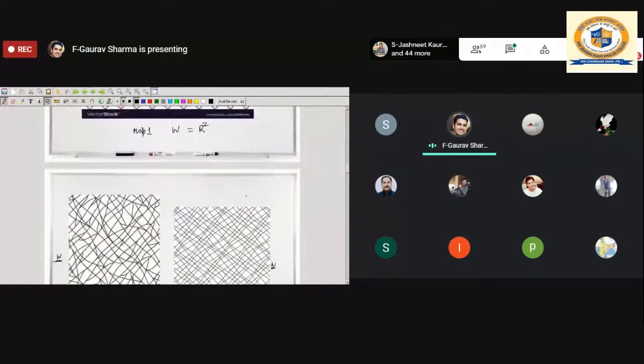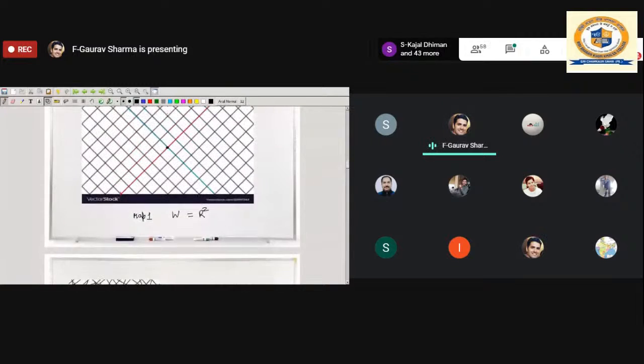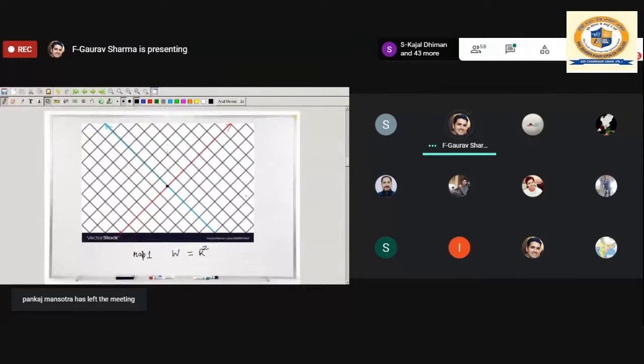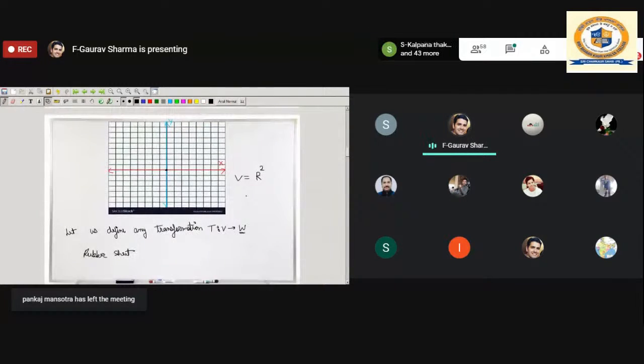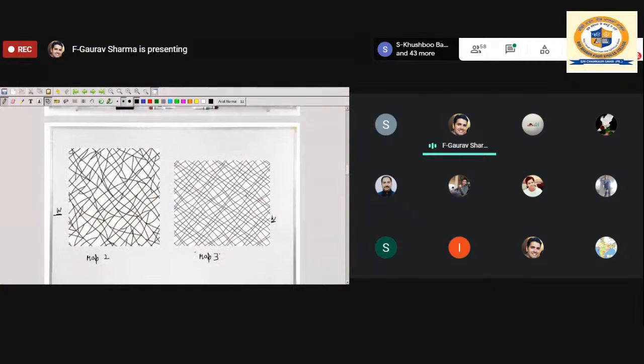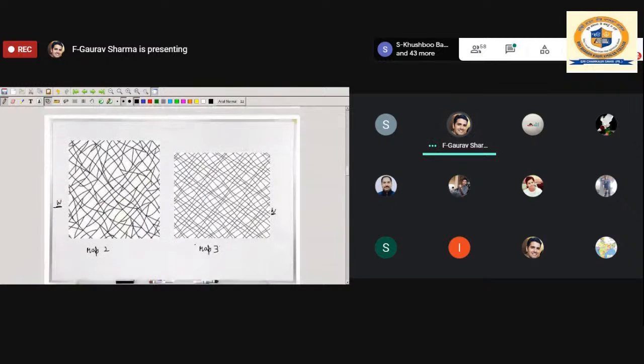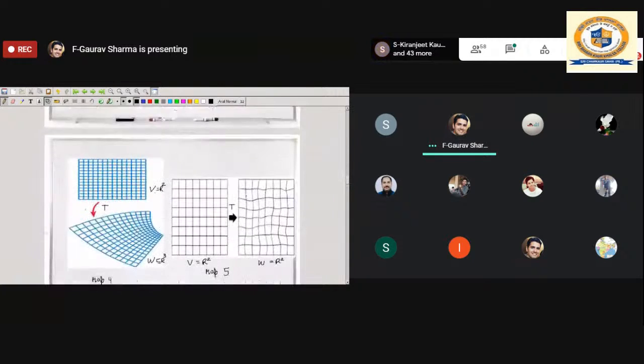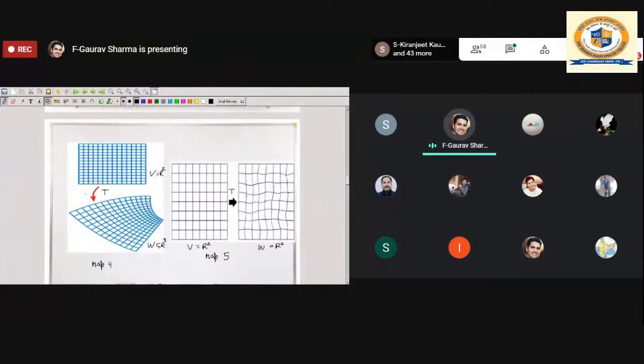If I start from the first map, this is our map 1. This is our original V. Then we apply the map, and the first map is this, W equals R square. Map 1, map 2, map 3, map 4, and map 5.